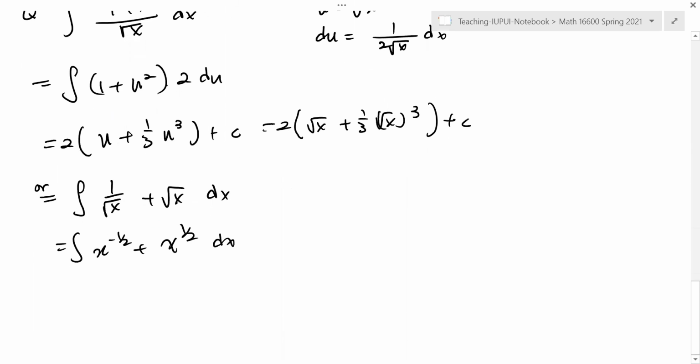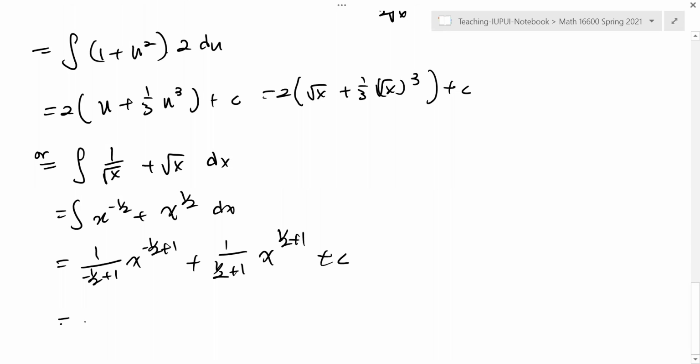The antiderivative of the first one will be x to the negative 1/2 plus 1 over negative 1/2 plus 1, and this is x to the 1/2 plus 1 over 1/2 plus 1 plus constant. After you simplify, you get the same result: 2 x to the 1/2, and here 2/3 x to the 3/2 plus constant. Exactly the same answer. Okay.